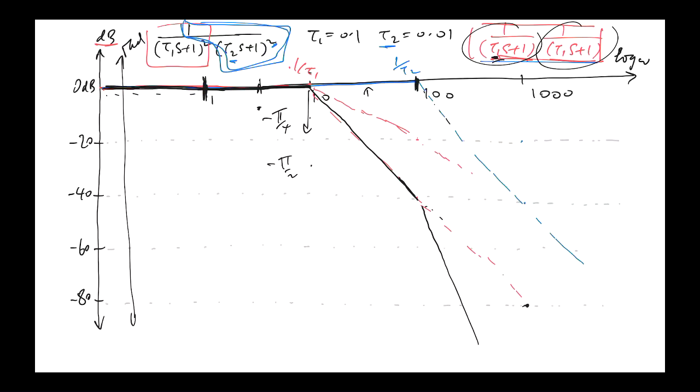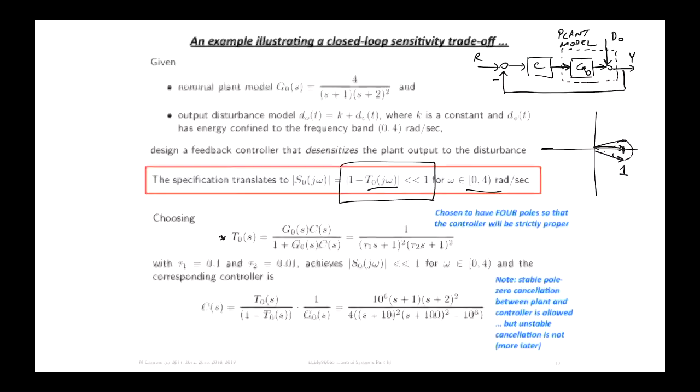So choosing this form for the complementary sensitivity function is like keeping T0 close to the number 1 in the complex plane for frequencies up to about 4 radians per second. So that's why I've chosen it in this way. It's consistent with our specifications.